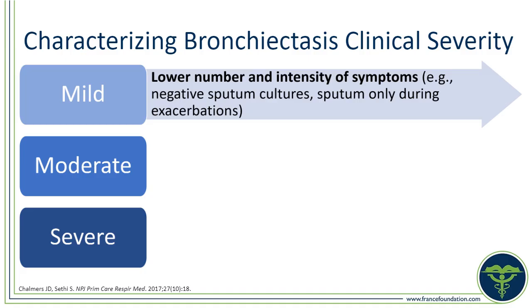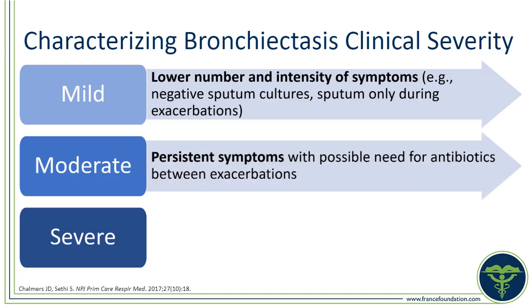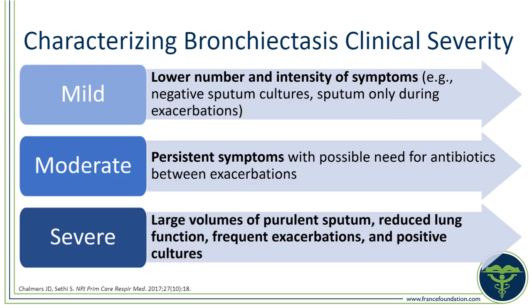As we progress to moderate, these symptoms become more persistent, and oftentimes the patients may need antibiotics between exacerbations. And then lastly, in patients with severe disease, they often have chronic and large volumes of purulent sputum, reductions in their lung function on their pulmonary function tests. They may have frequent exacerbations, and they commonly may become colonized with bacteria in their airways.